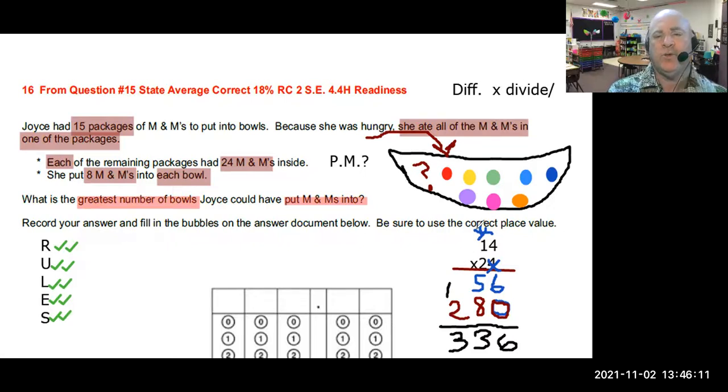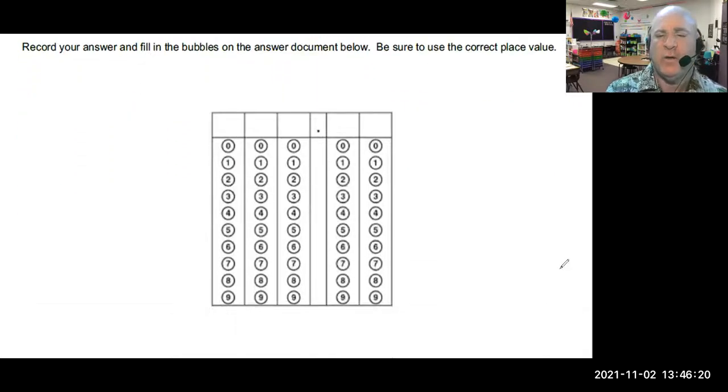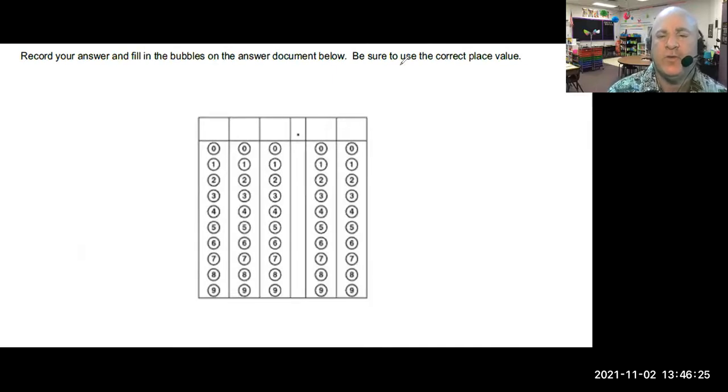So I'm going to clear all my drawings. I'm going to slide down here a little bit to this part. We have to just remember the number 336. So I'll go ahead and write that number right here.